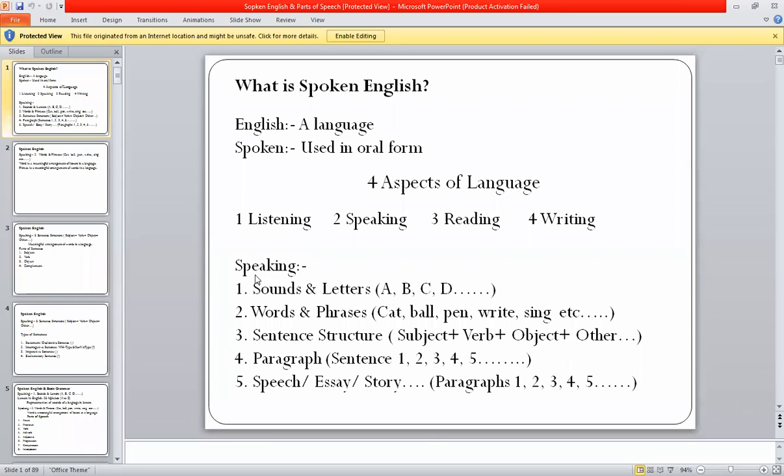So while speaking English, let's start with the language. What is the language? Language is the medium, or the way through which we start communication. With the language itself we start communicating with our friends or our family members, our parents, our colleagues, our staff members, our company colleagues.